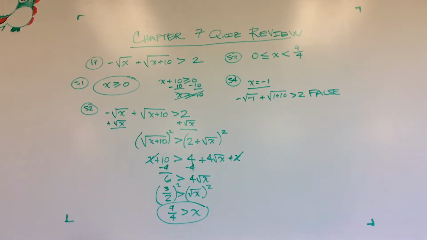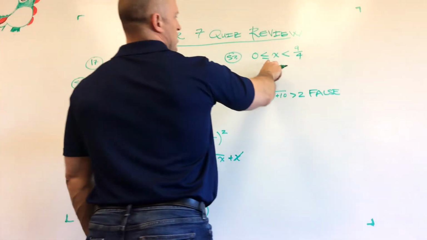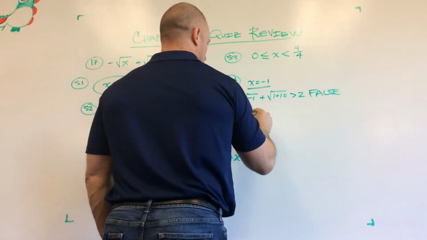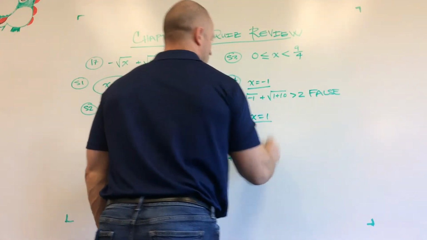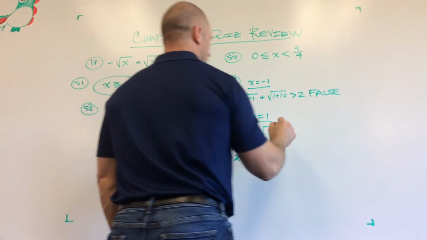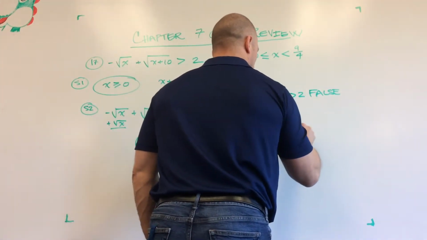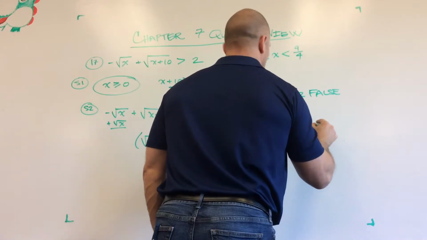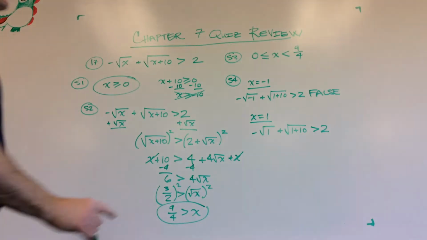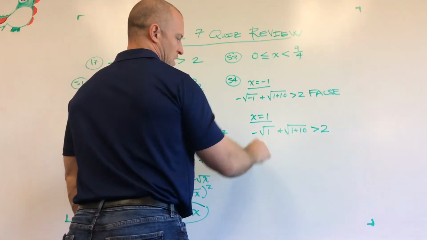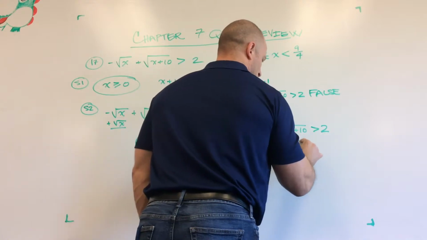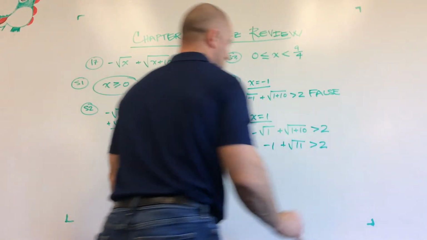Inside the region, we'll choose x equals 1 because x equals 1 is clearly greater than or equal to 0 and less than 9/4. So square root of 1 is just 1. We've got a minus in front of it, so we'll have negative 1 plus the square root of 11 is greater than 2.